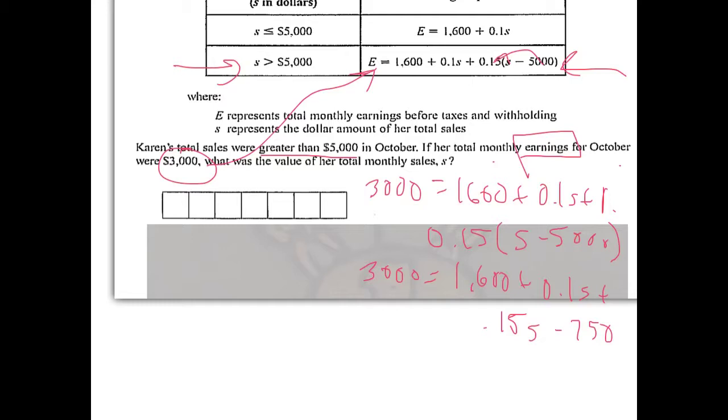I know it's sloppy. Just try to listen to what I'm saying. So these are like terms, we're going to combine those. These are also like terms, and I'm going to combine those.